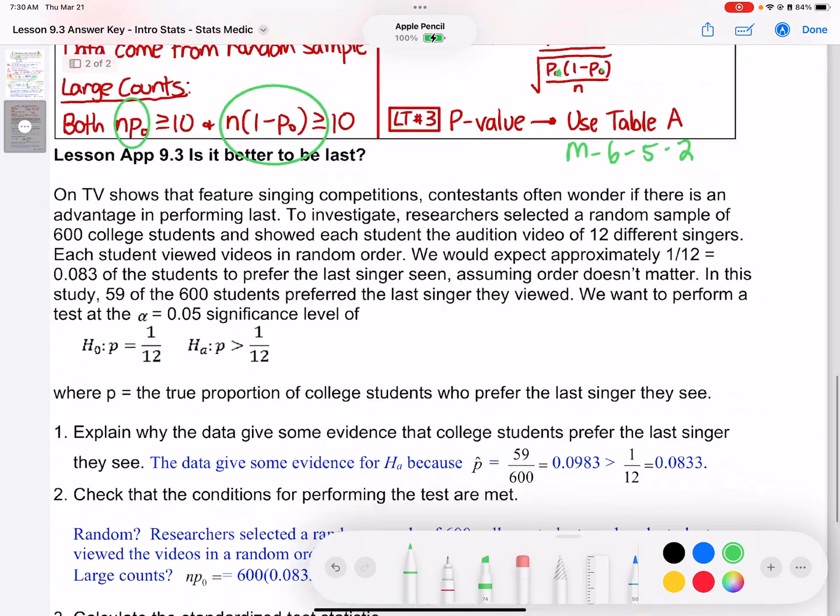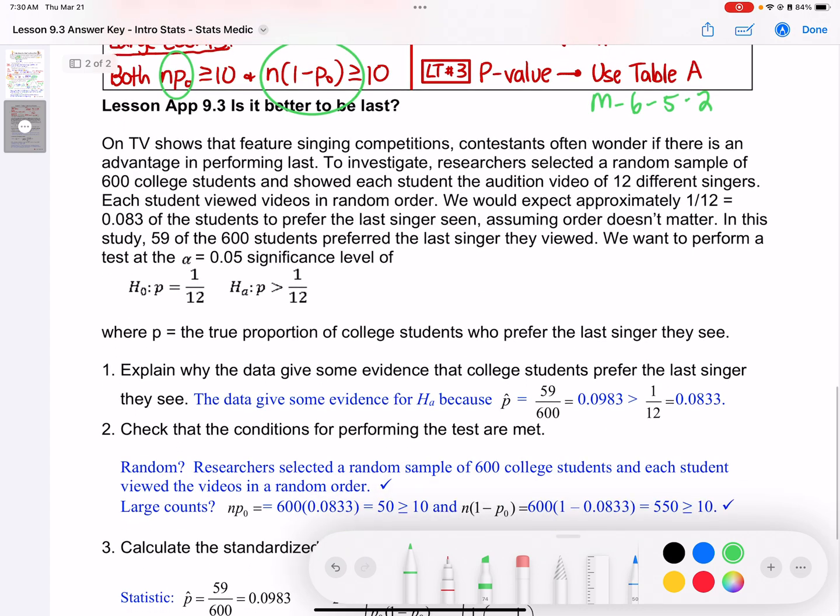Okay, let's look at this one: is it better to be last? If you read through this, basically I have 12 singers, and each one has an equal probability of being chosen by the audience if it's just by random chance, so they have a 1/12 probability. But someone's noticing that the singers at the end seem to have a higher probability of being chosen because they're remembered more by the audience.